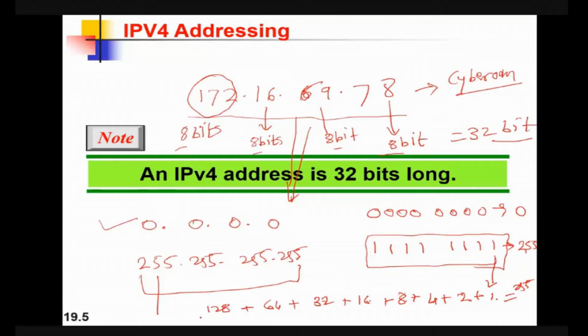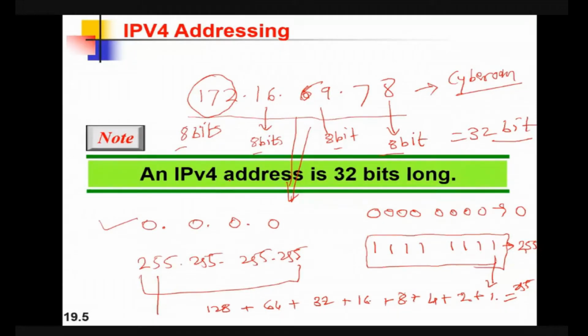I think you are now familiar with how to convert a number from binary to decimal and decimal to binary. You might have studied this in computer organization. I will tell you some of the logic, but you are well familiar with this.